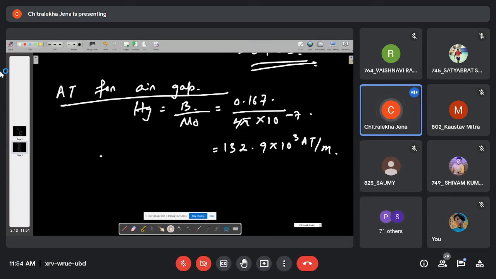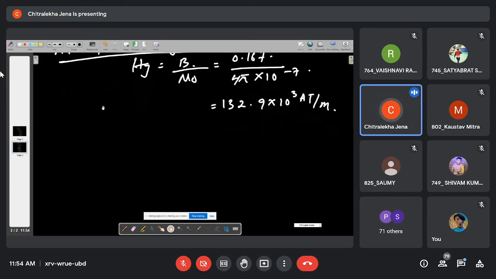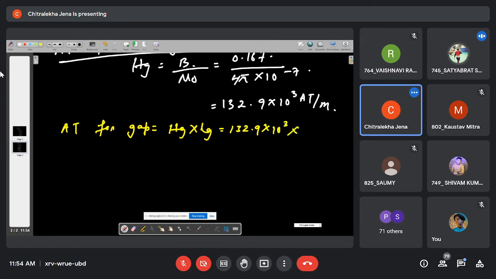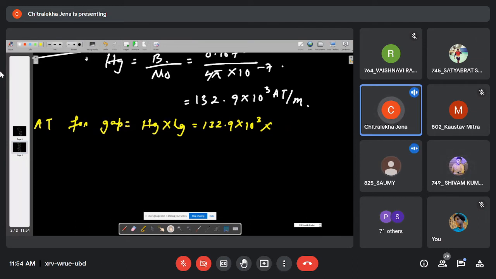So now here you are getting ampere turns per air gap this much. So what is your total Hg into Lg? Ampere turns for gap will be equal to Hg into Lg. So this is 132.9 into 10 to the power of 3 multiplied with the gap. What is the gap? 2 mm, convert to meters, 2 into 10 to the power minus 3. So this will be 265.8.